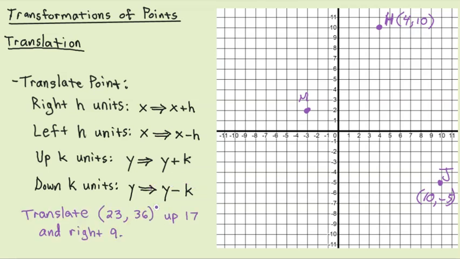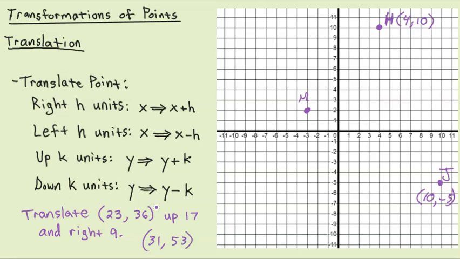So here's an example. What if we translate the point 23, 36 up 17 and to the right 9 units? Well, to the right 9 units means add 9 to the x coordinate. So 23 plus 9, that's 31. And up 17 means add 17 to the y coordinate, and 36 plus 17 is 53.